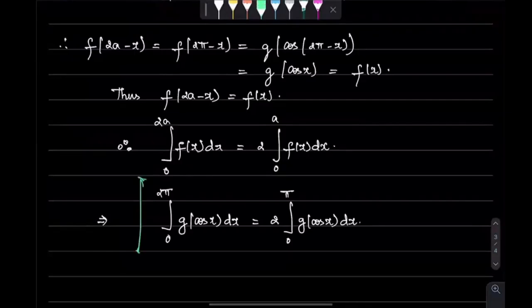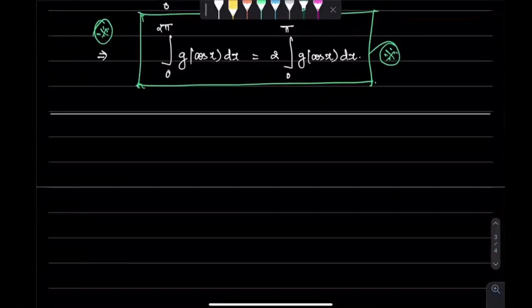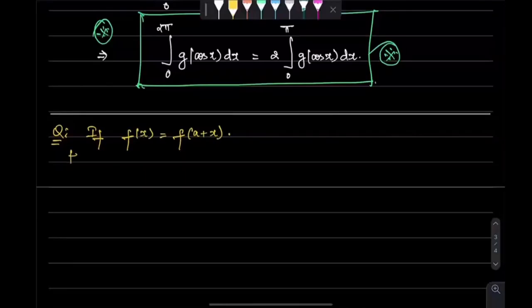So we are going to use this in the upcoming problem to solve it. This is one of the important results. The next question: if f of x is equal to f of a plus x, then integral 0 to 2a f of x dx will be equal to 2 times integral 0 to a f of x dx.